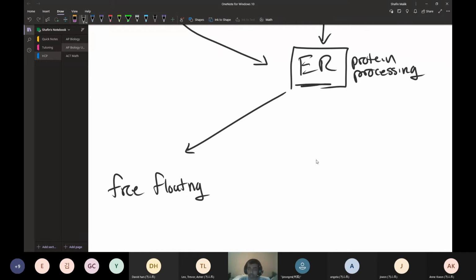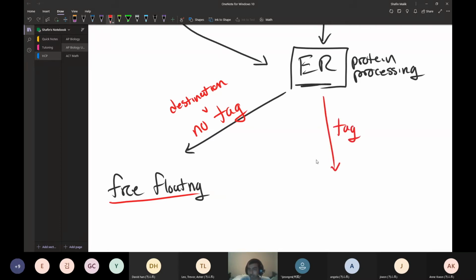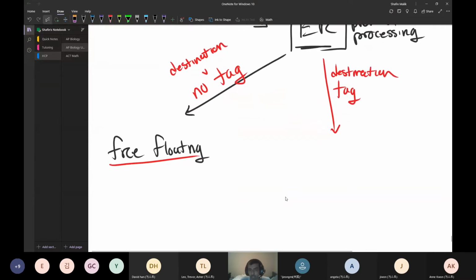So after the processing, if there's no tag, so no carbohydrate destination tag, then it becomes free floating. The other option is it has a tag, so a destination tag, then it goes into the Golgi apparatus.